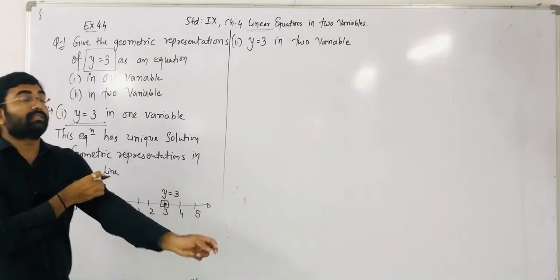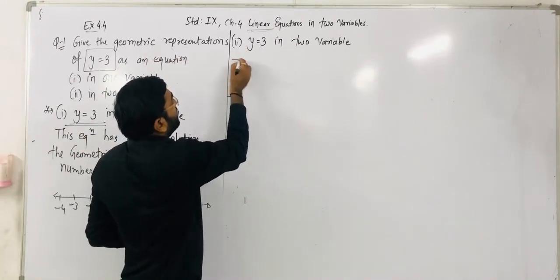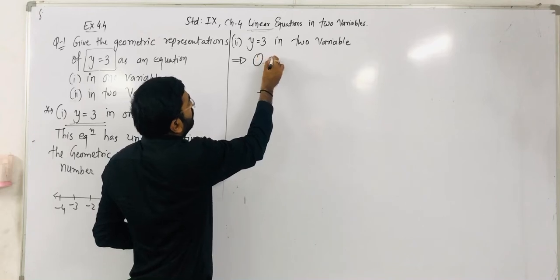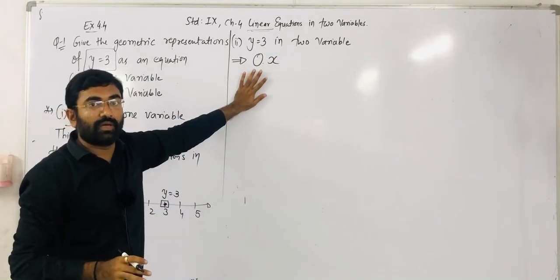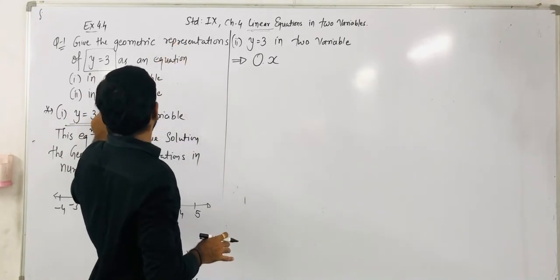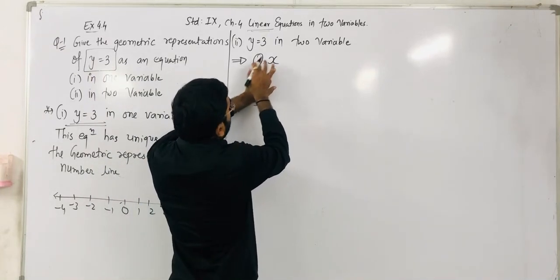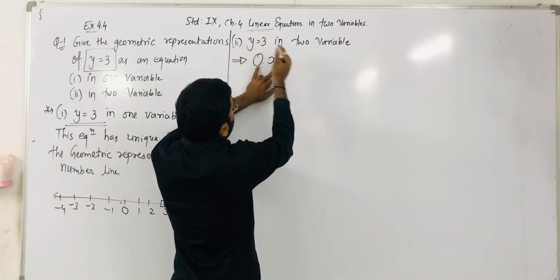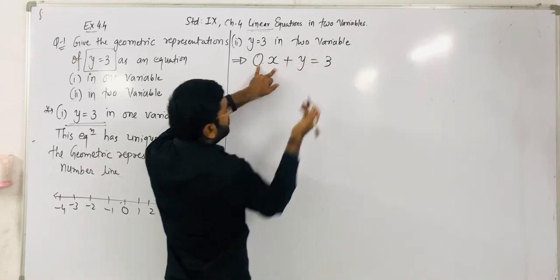The other variable is not given, but we have to mention it, so we write that variable with a zero coefficient. The x variable is not given, but as they said, you have to represent the equation in two variables. So I take the x variable with the coefficient 0, plus y is equal to 3.